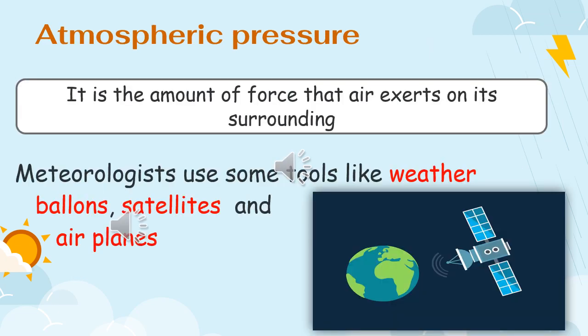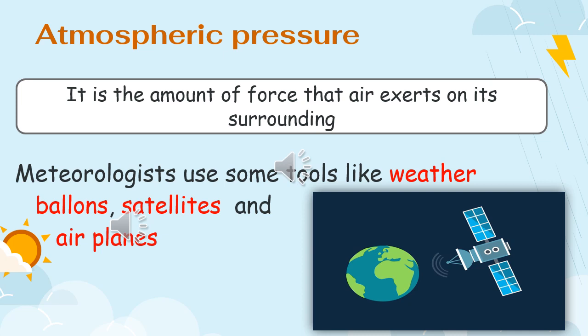But these tools are sometimes heavy, so the meteorologist needs other tools to carry them. He uses tools like weather balloons and satellites to carry the heavy tools, or to send the information to the weather station.